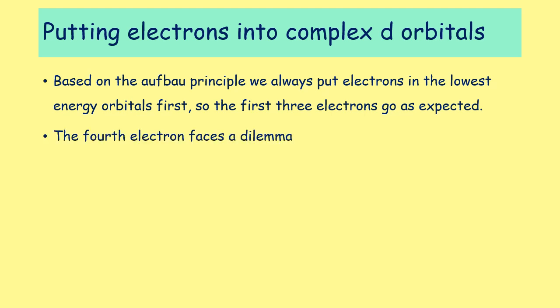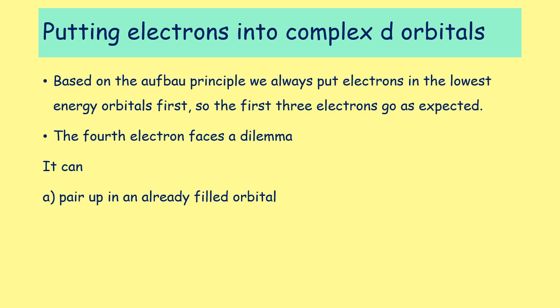They go into the bottom 3 orbitals, but the 4th electron faces a dilemma of sorts because it could pair up in an already filled orbital. And that would make sense by the Aufbau principle in that we'd fill in order of increasing energy.